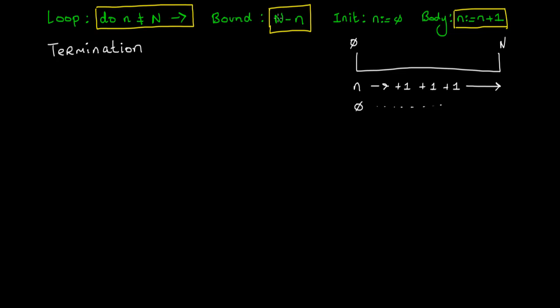So the bound function of large N minus small n, that means we're going to be taking an ever increasing number, small n, away from something that's staying in the same spot, and that will give us a decreasing function.